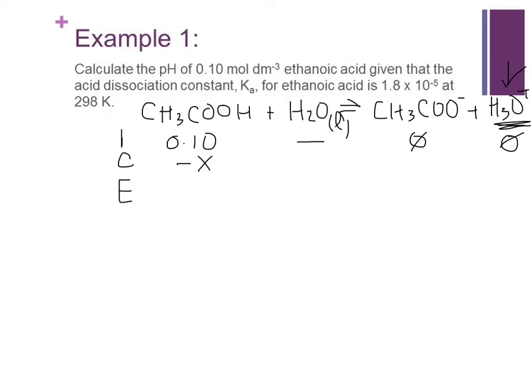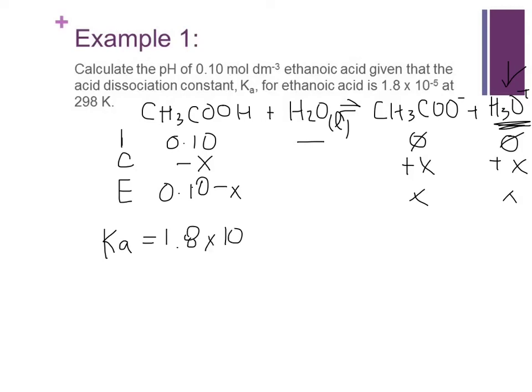So our changes are going to be negative x, and plus x, meaning that our equilibrium is 0.10 minus x, and x. We also are given a Ka value, and that is 1.8 times 10 to the minus 5.